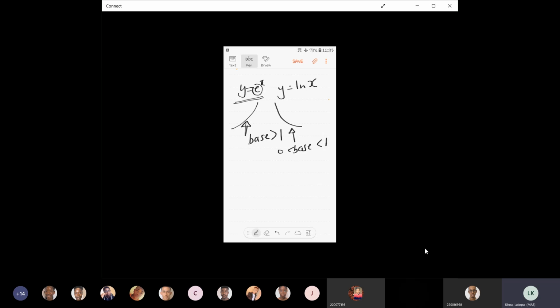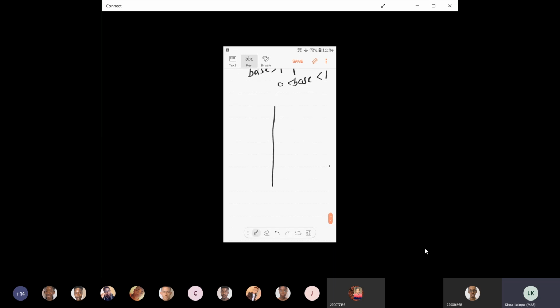Okay, so when I look at e, it is 2.7 something. So that is bigger than 1. So the shape of e to the power of x is going to be this one over here. So what I do is I draw the curve, and then this is the x and that is the y.